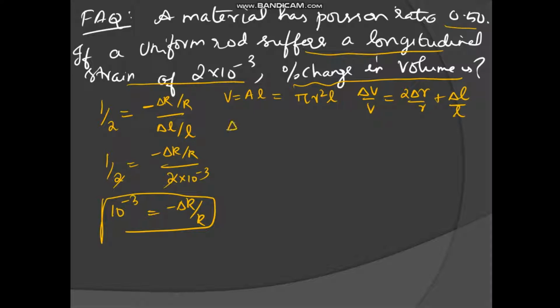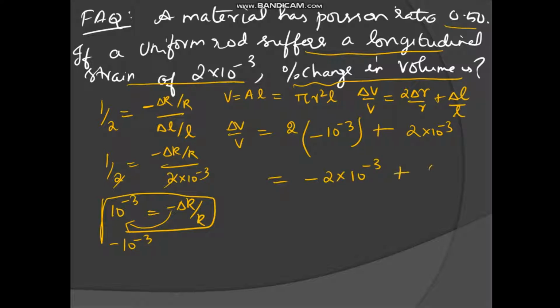So delta V by V is equal to 2 into, so this negative sign comes here, minus 10 power minus 3, plus delta L by L. Delta L by L is 2 into 10 power minus 3. So which is minus 2 into 10 power minus 3 plus 2 into 10 power minus 3, which is 0. So fractional change in volume is 0.